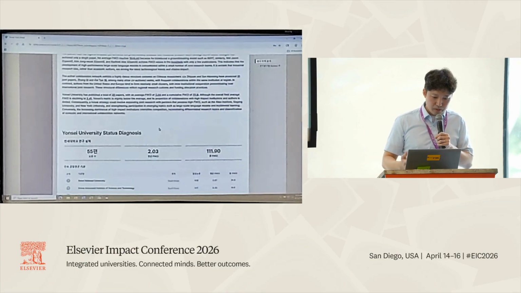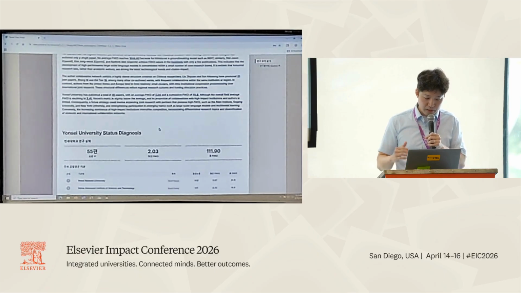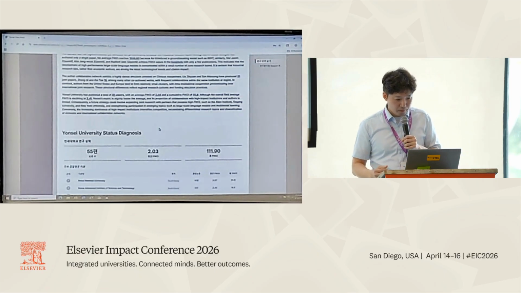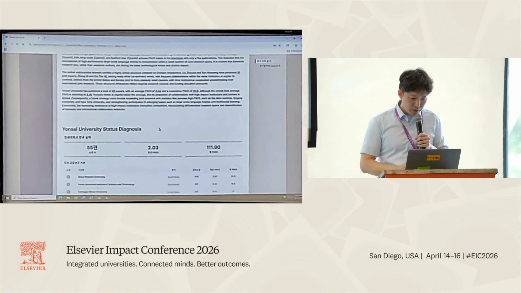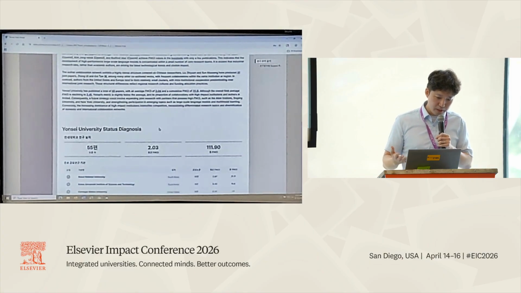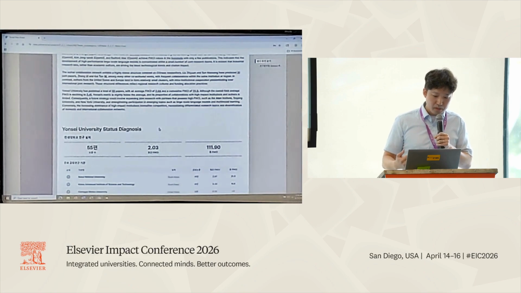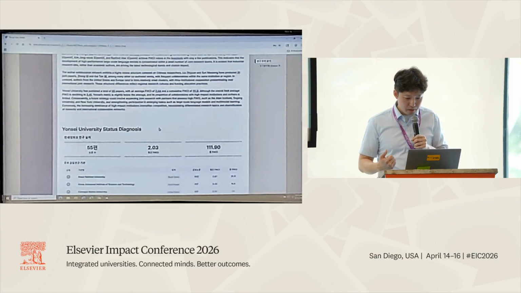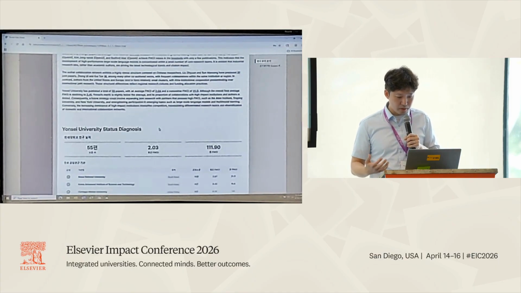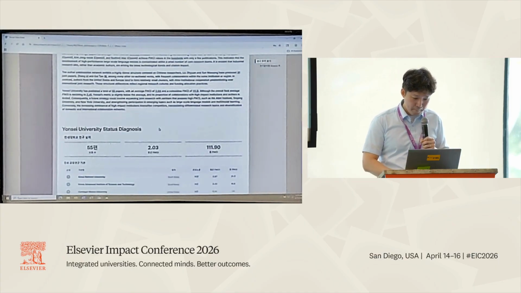Yonsei has published a total of 55 papers with an average FWCI of 2.04, which is slightly below the overall field average of 2.41. So the model suggests our future strategy should involve expanding joint research with partners that possess high FWCI and strengthening participation in emerging topics such as larger-scale language models and multimodal learning.